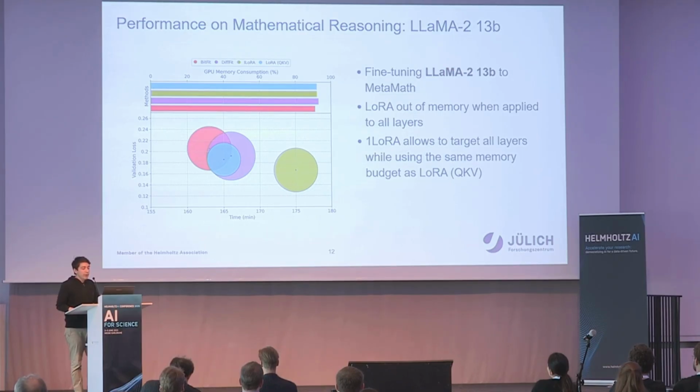So in practice, the advantage here for our method is that we use the same memory as LoRA applied to a subset, but we achieve a little bit better performance. So in terms of performance, it's better while using on-par GPU memory. Of course, it takes a little bit more time, so it's a trade-off.